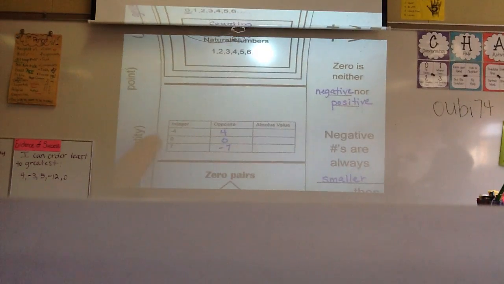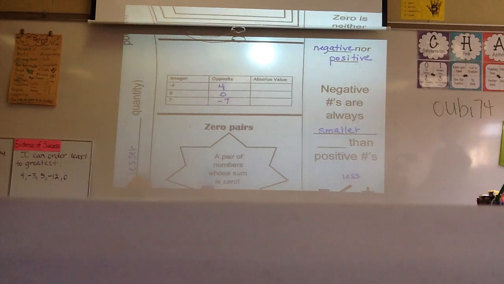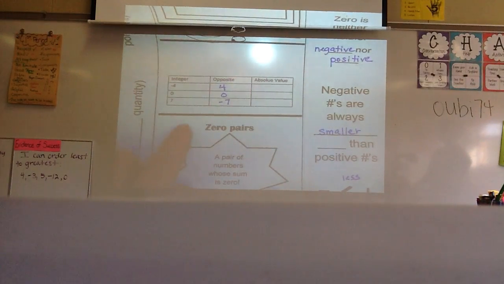These numbers, -4 and +4, are also something we call 0 pairs. Because 0 pairs, if you put them together, their sum is 0. So you can kind of think of it like that. If I have $7, like a +7, and then I spend $7, like -7, then I'm left with $0.